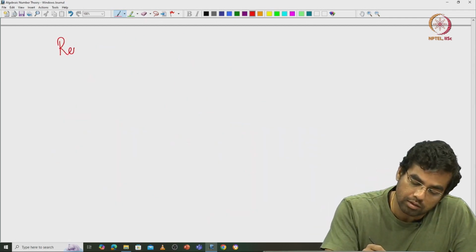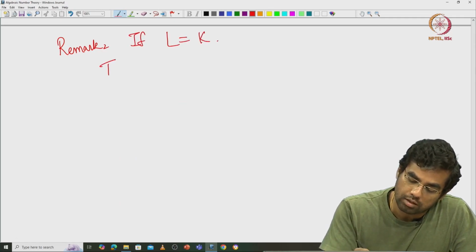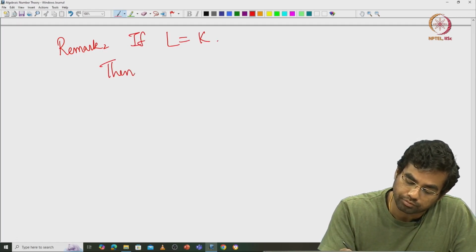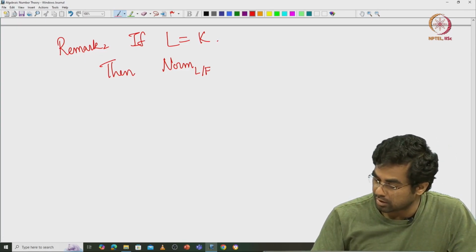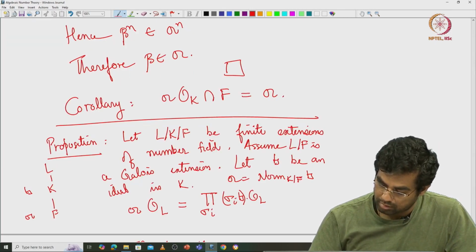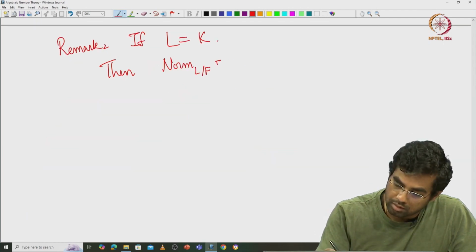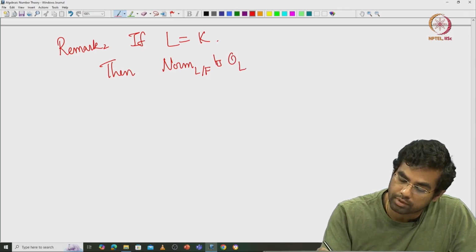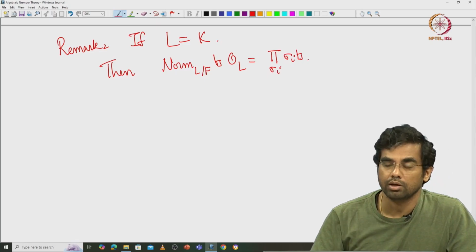So, remark: if L is equal to K, then the norm from L to F of this ideal that we denote by B, I can take this as an ideal of OF, and when I extend it, this is the same as the product over all sigma i of sigma i B. Okay.